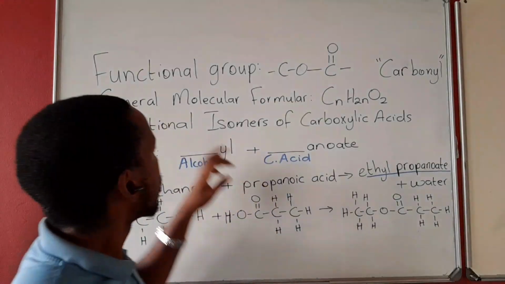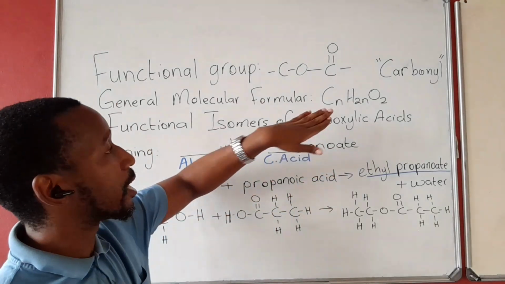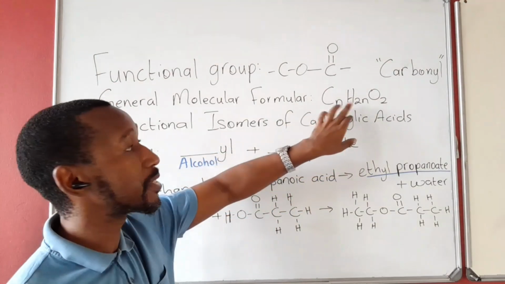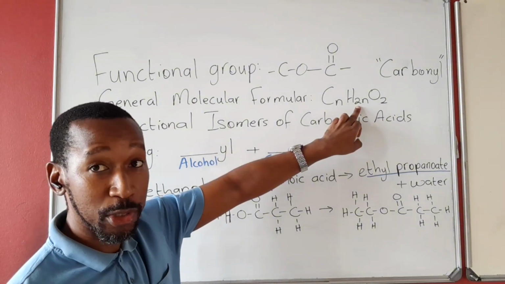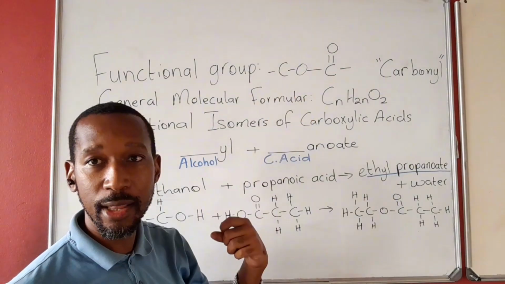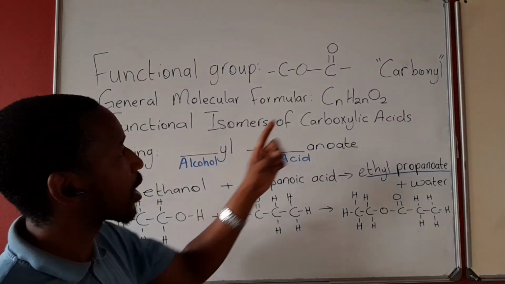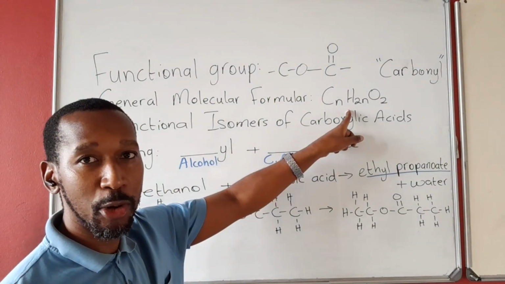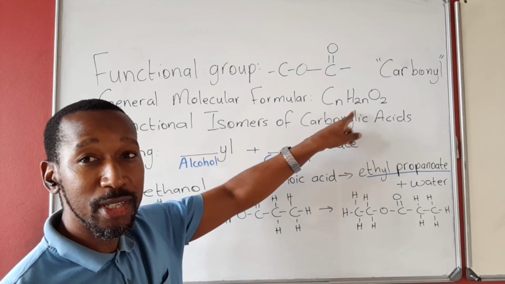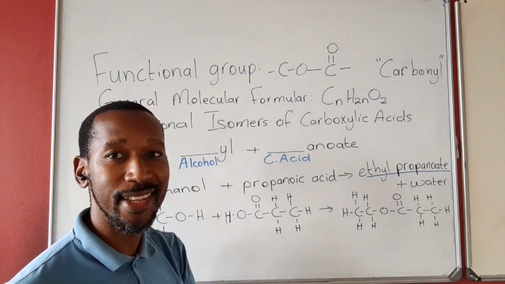Now, the general molecular formula of esters is that for the number of carbons you have, you will have double the number in hydrogens, as well as two oxygens, because of the O and another O that should be there to make the ester. If we pay closer attention, you'll notice that this is exactly the formula for carboxylic acids.